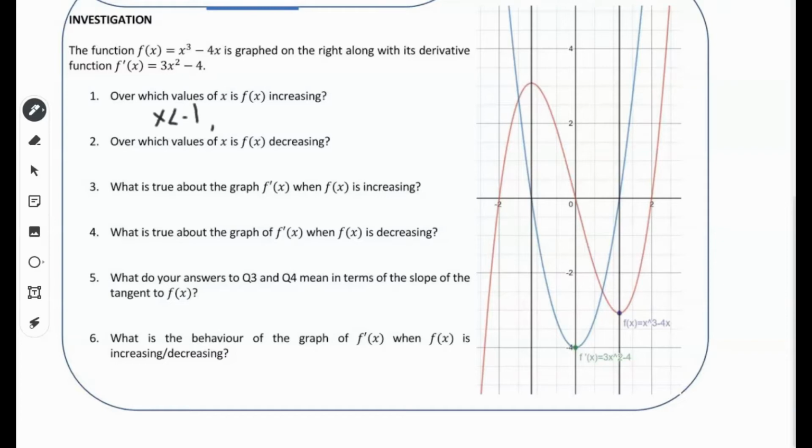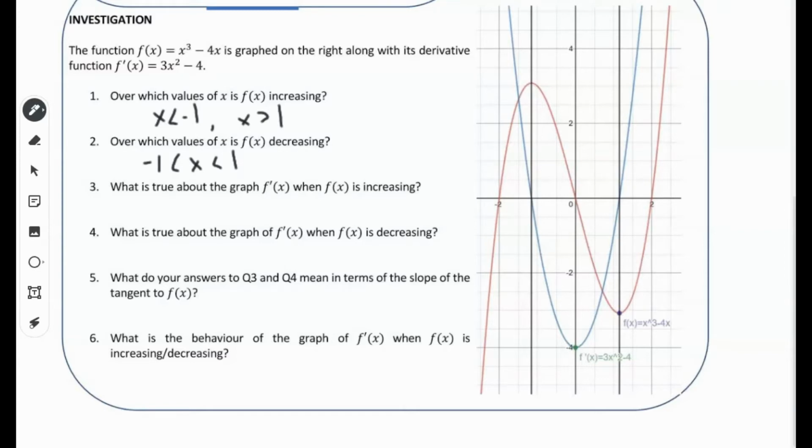And then as we come down, we eventually reach another horizontal tangent here, and we start increasing again when x is greater than 1. So those are the points where we are increasing. Alright, then where are we decreasing? Well, we're decreasing from here to here, so from -1 to 1. So x will be between -1 and 1.